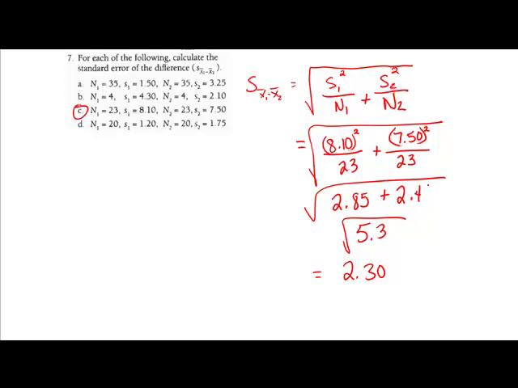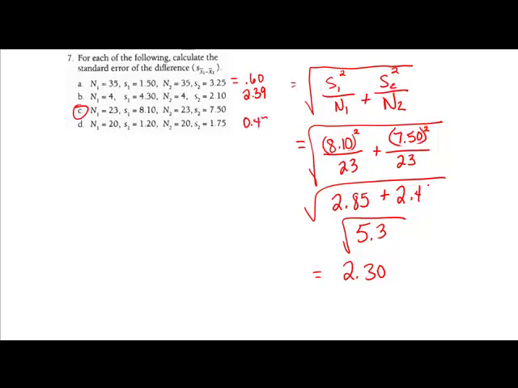Alright, here's what I want you to do. Hit pause, come back, and pick either A, B, or D, and I'll write in the answers for those after you're done. Really, hit pause. Go ahead and do some. A, the answer was 0.60. B, the answer was 2.39.